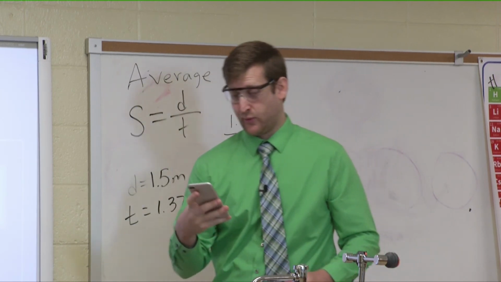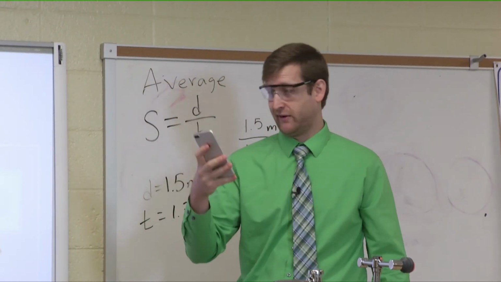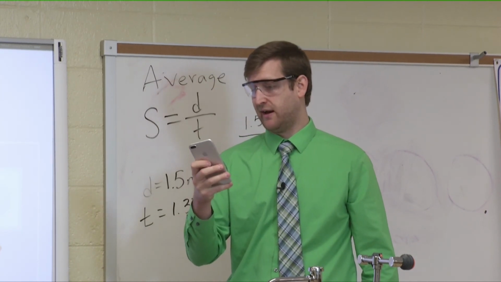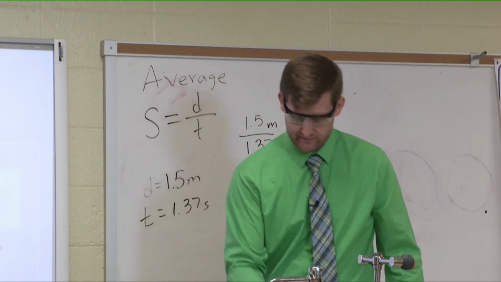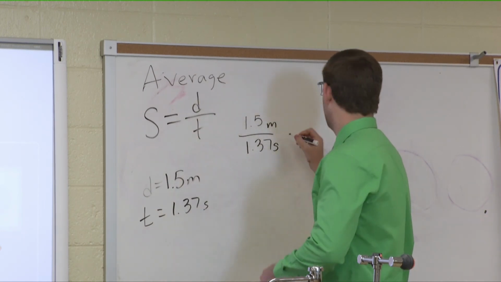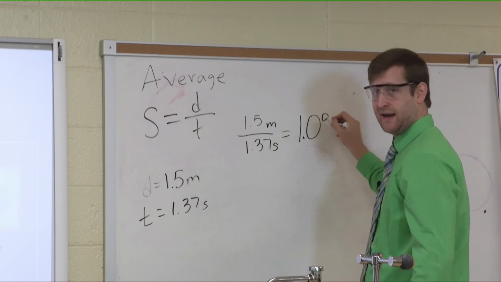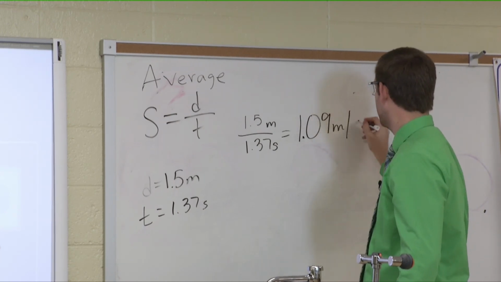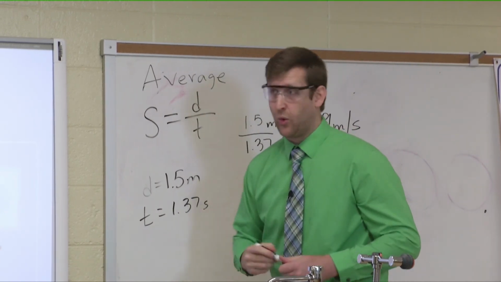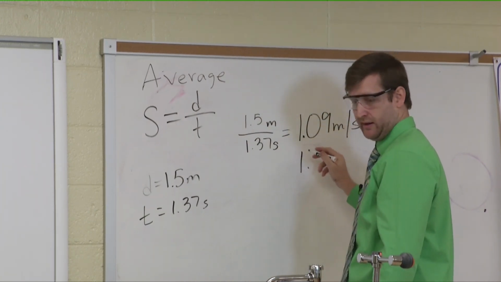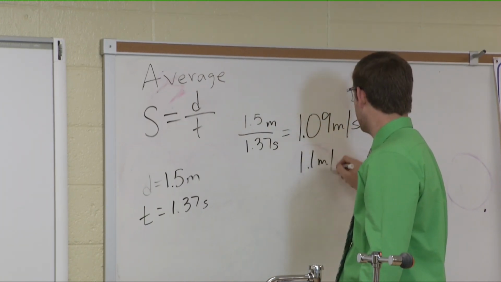And then we're going to go to our fancy calculators, right? So if we do 1.5 divided by 1.37, we get 1.09 meters per second. Or for simplicity purposes, you can go 1.1 meters per second.